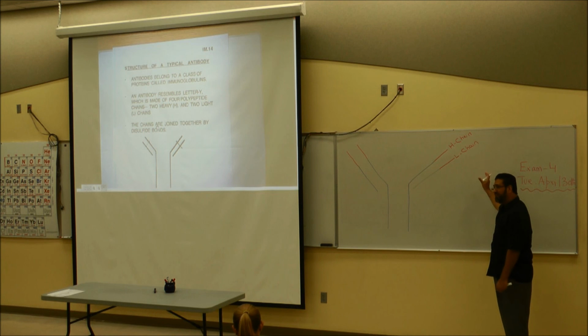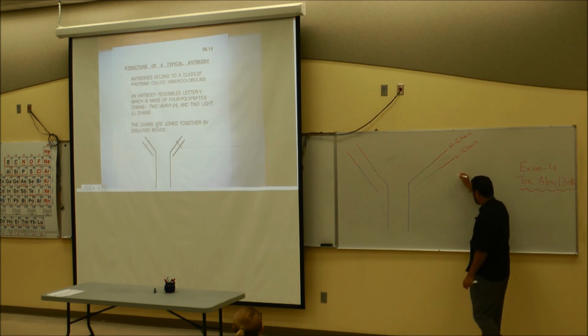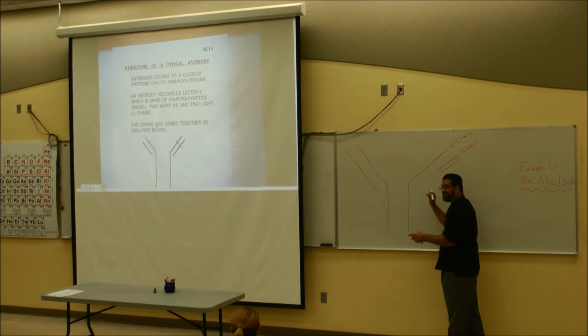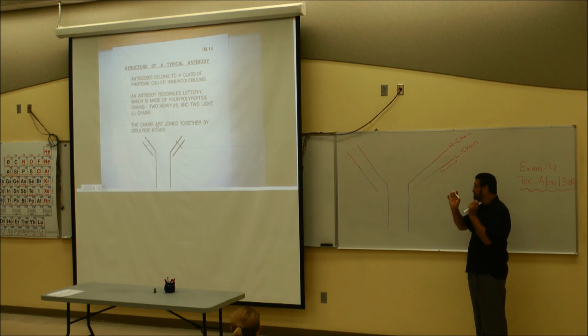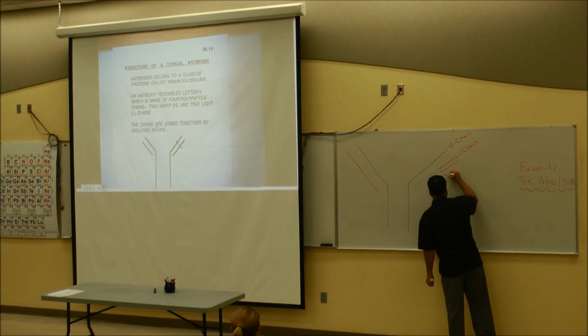Both L chain and H chain have this red part that I have drawn. This part gives uniqueness or specificity to the antibody. This is called the variable region of the antibody.